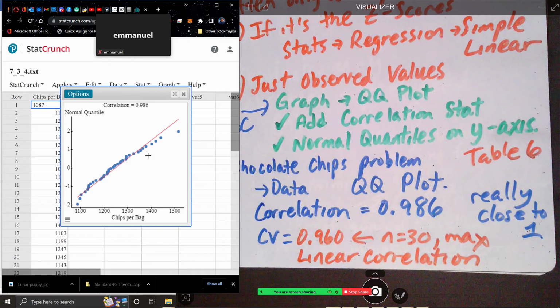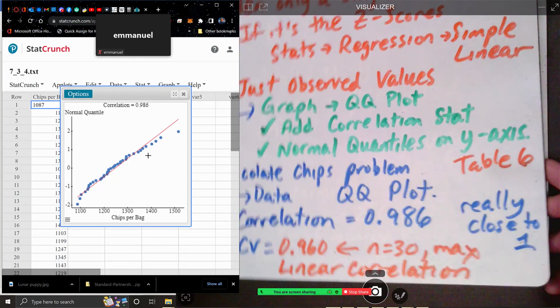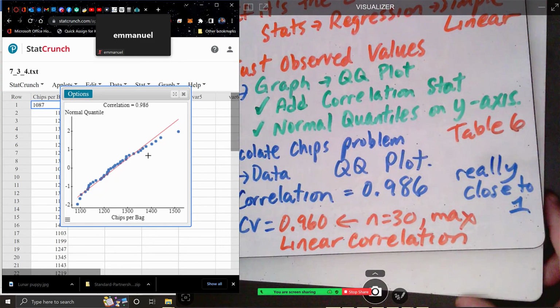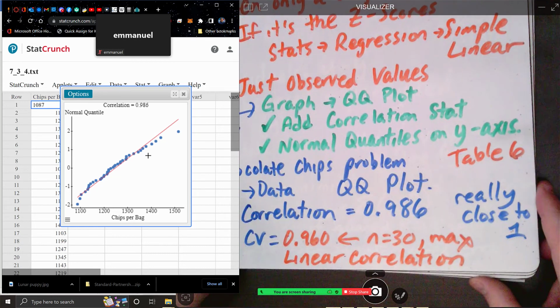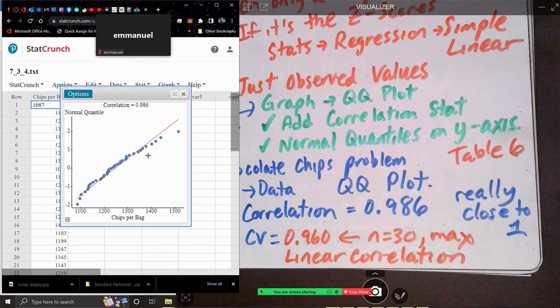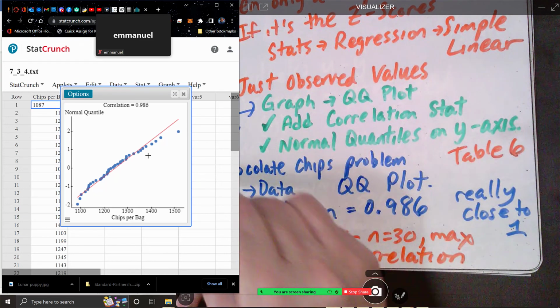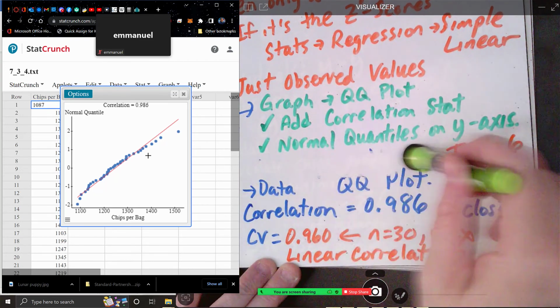So, what that tells us when we're doing a normal probability plot is this. If this stuff is true, ignoring the chocolate chips, we already showed that it's true.